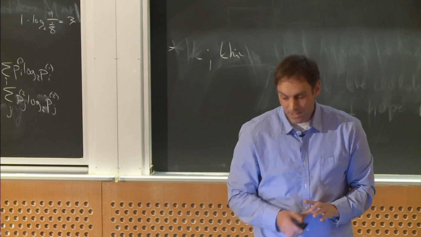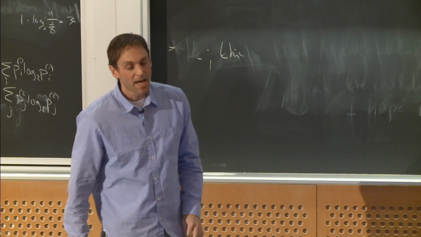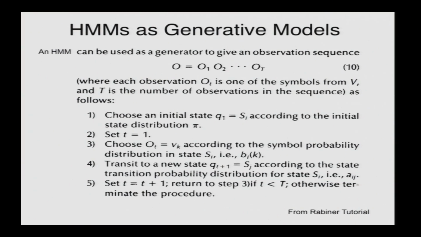And a handy way to think about these models is as generative models. This is from the Rabiner tutorial. You imagine an HMM used in order to generate observable sequences. There are these hidden states, think of them as genotypes, and observables, think of them as the cholesterol levels. The way that it works is you choose an initial state from one of your possible hidden states according to some initial distribution.